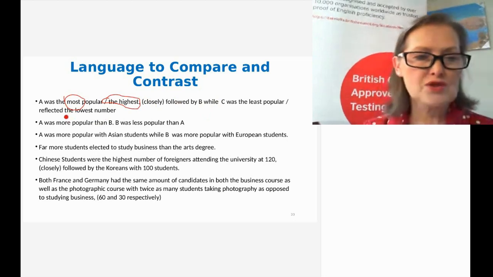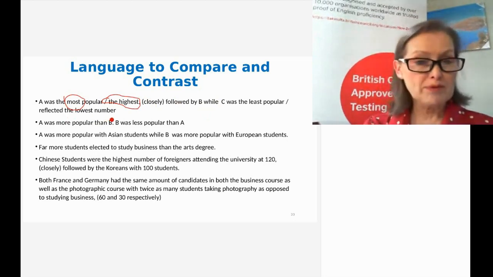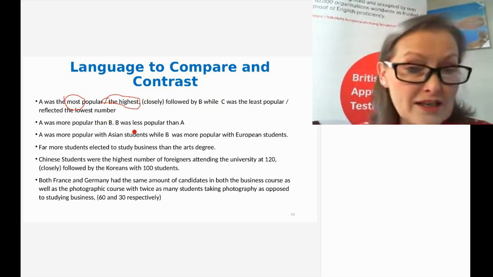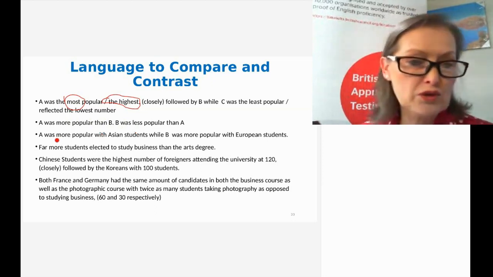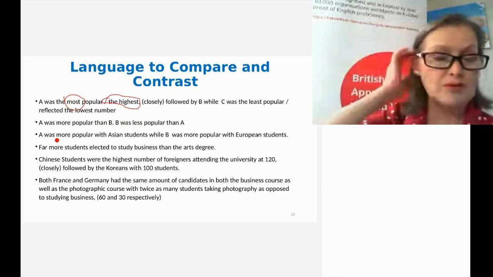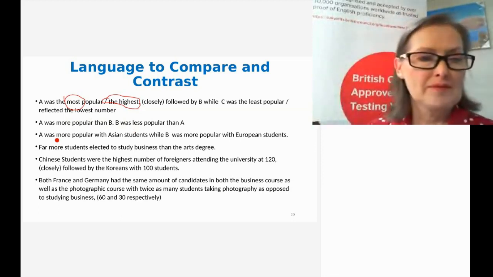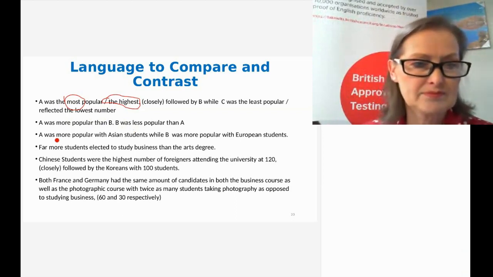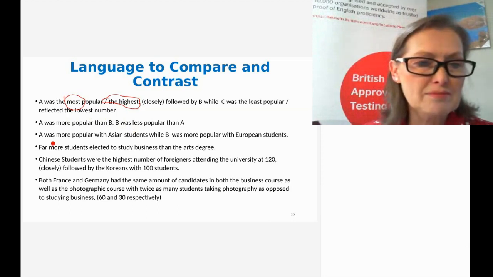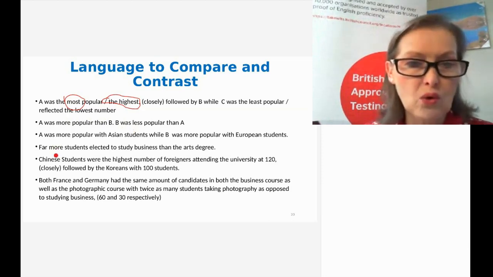I could also say A was more popular than B, or B was less popular than A. Of course, that word could be expensive if we're talking about prices. A was more expensive or less expensive than B. And here, of course, I'm using my comparative language, more or less.